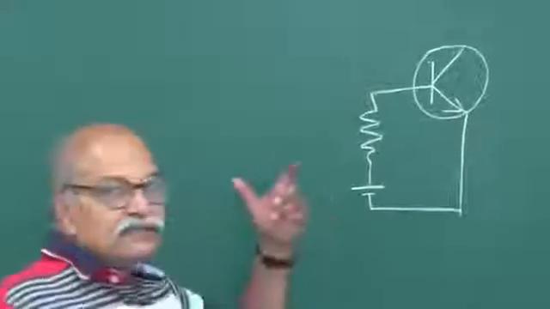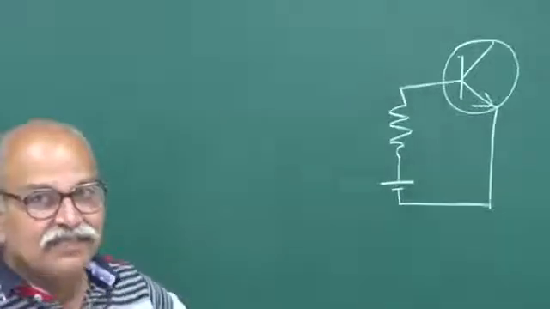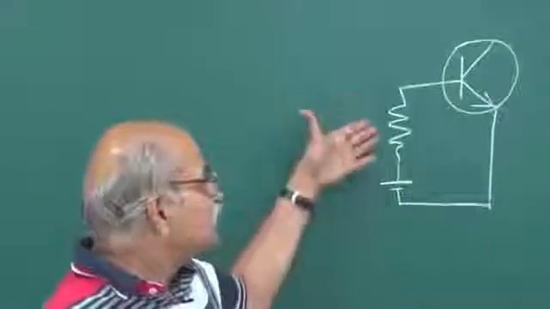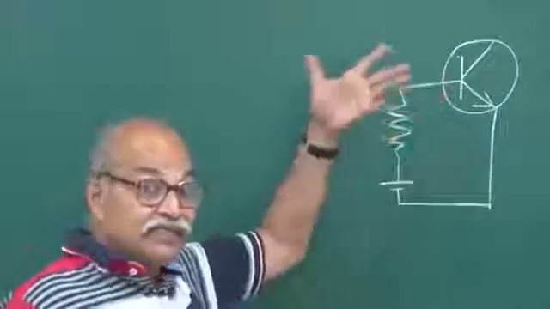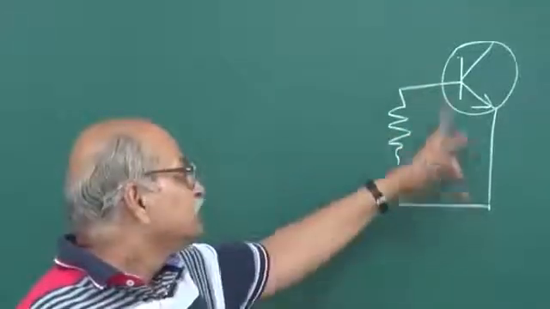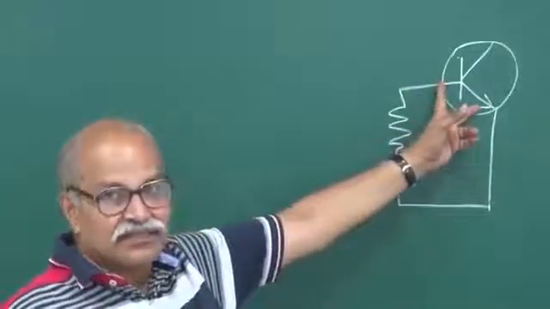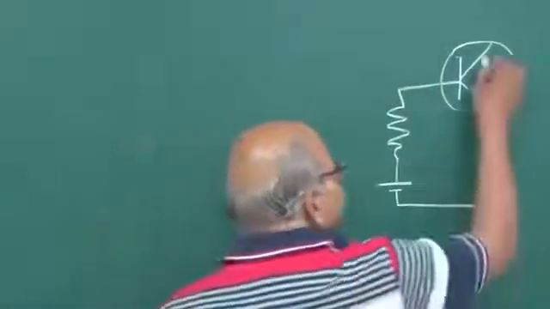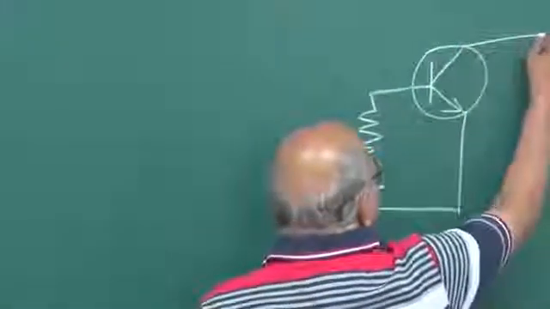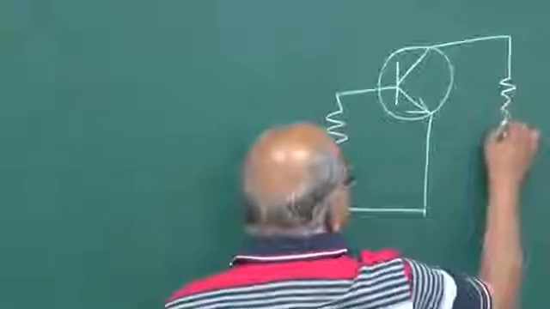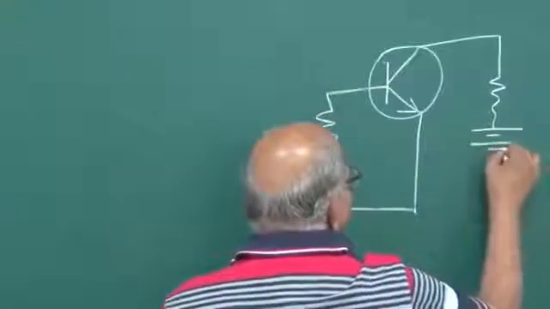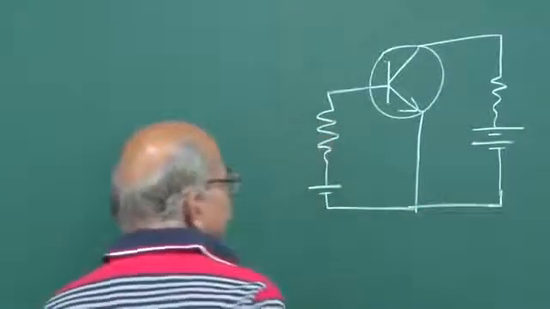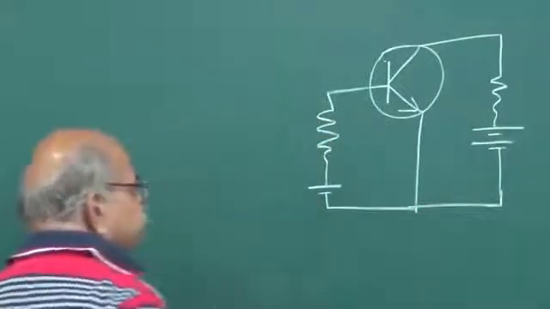Always use this basic physics to remember things. It is not that I have to connect this positive that side in NPN, in CE mode, etc. This has to be forward biased, that is it. So, that will decide what kind of polarity should be here. And this is N, so this should be connected to again positive of the battery. So, this is our configuration. This is our CE configuration.